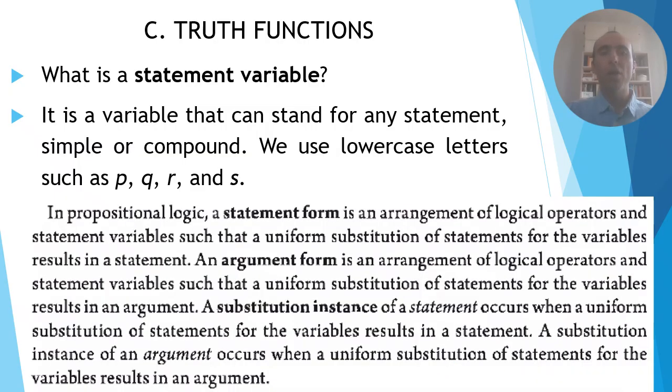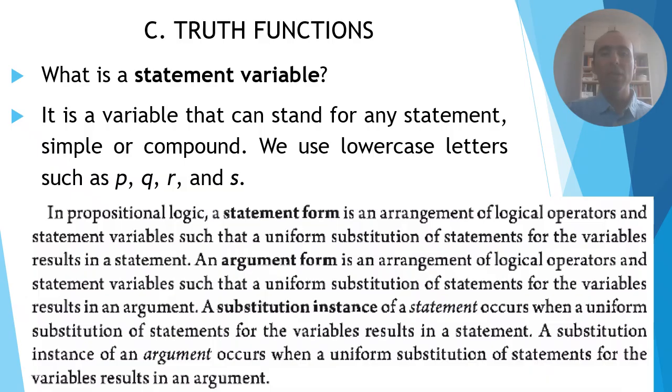In propositional logic, a statement form is an arrangement of logical operators and statement variables such that a uniform substitution of statements for the variables results in a statement. An argument form is an arrangement of logical operators and statement variables such that a uniform substitution of statements for the variables results in an argument.